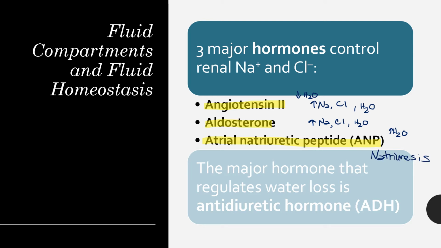Natriuresis is elevated urinary excretion of sodium and chloride, which is followed by water excretion. So this is going to decrease blood volume. So this is going to be a decrease in sodium, chloride, and water. Now when I say decrease, I'm just saying your body decreases in these ions because we're going to be excreting them in the urine. So when we decrease in water, this also decreases blood volume.